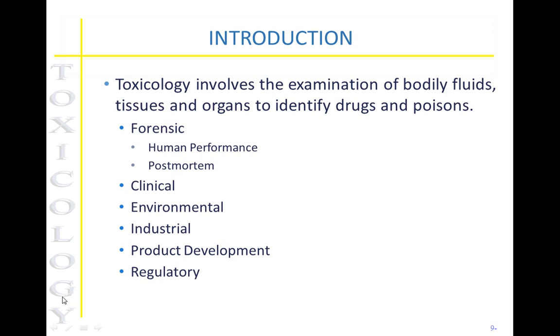There is also clinical toxicology, where more therapeutic drug monitoring is performed. Environmental testing of toxicology samples involves effects on air and water sampling. There's also industrial and product development toxicology and regulatory toxicology, which establishes exposure guidelines and helps enact legislation.